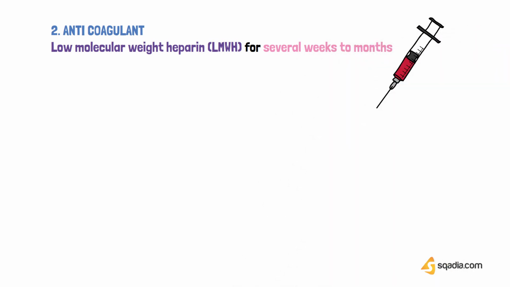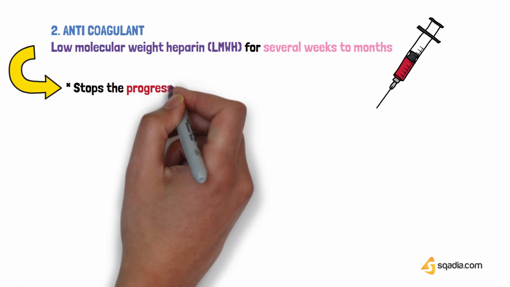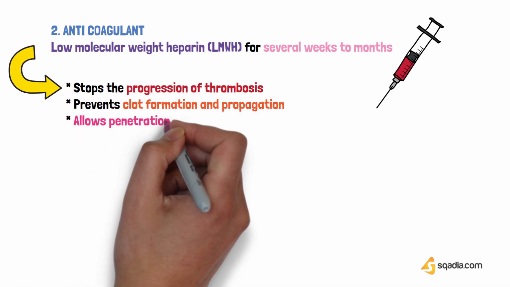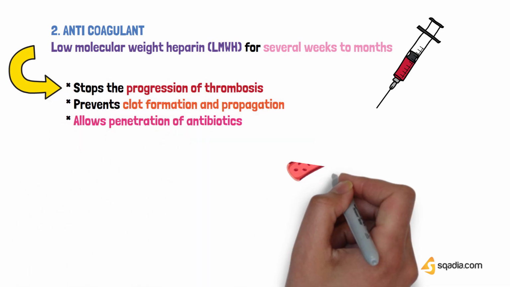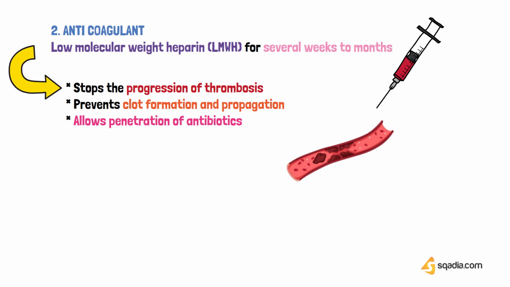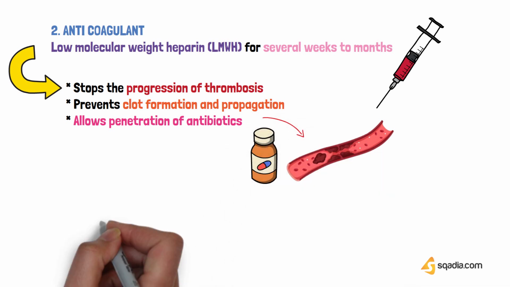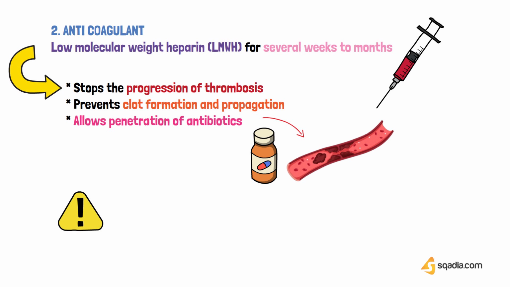Now, the reason to advise the patient anticoagulant is that it stops the progression of thrombosis, it prevents clot formation and propagation, and it allows penetration of the antibiotics. But there are some risks involved as well when we prescribe anticoagulants.